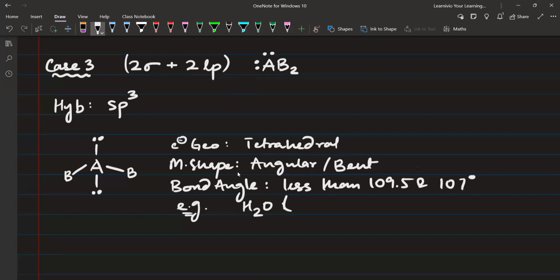Yes, sir. So, what would be the bond angle for H2O according to hybridization? Tell me. 104.5 degrees. Now, let us check this. Who will check it for me? What is the actual bond angle for H2O?